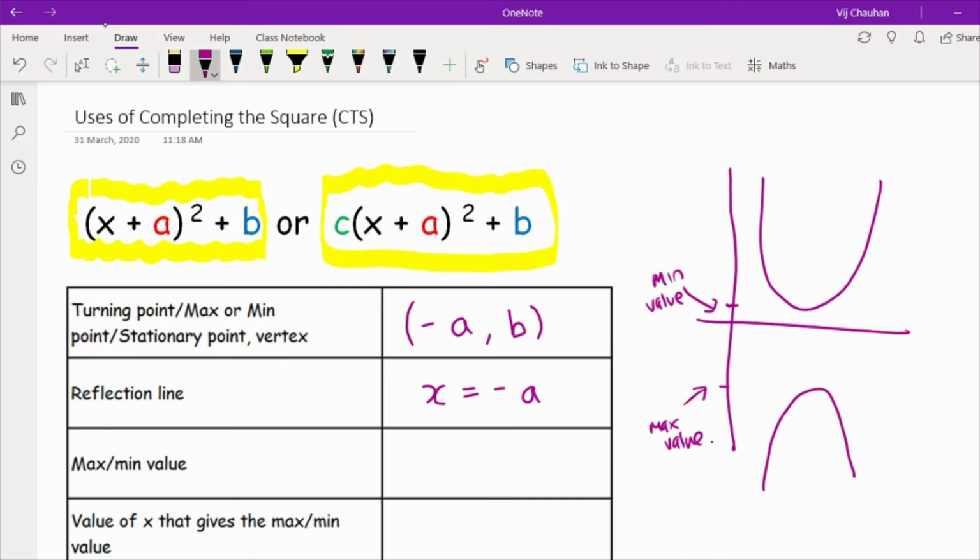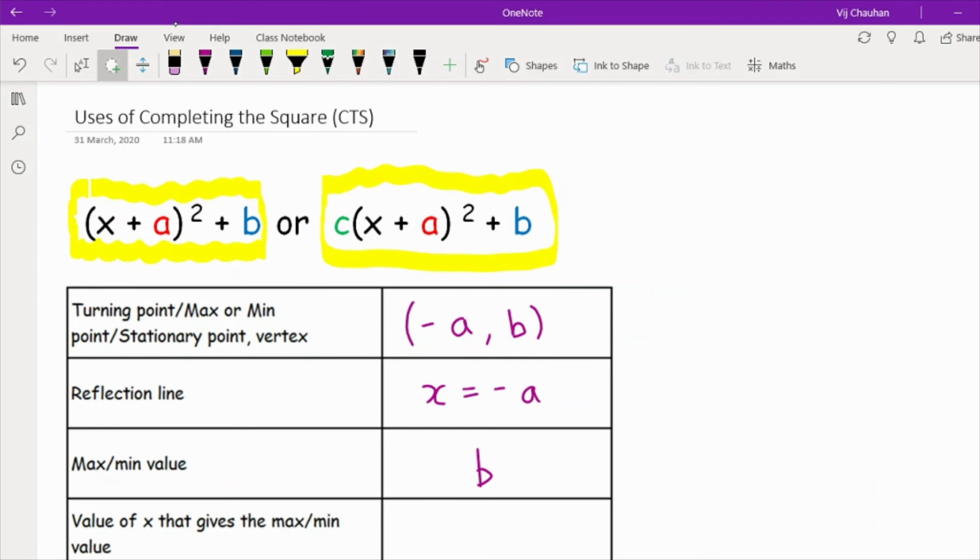So here the maximum value is just whatever your constant is. If I just get rid of the plus, because b might not always be positive, it is just going to be your b value. So as an example, if I had x plus 4 squared minus 13, then the minimum value, because it's going to produce a positive parabola, is going to be minus 13.